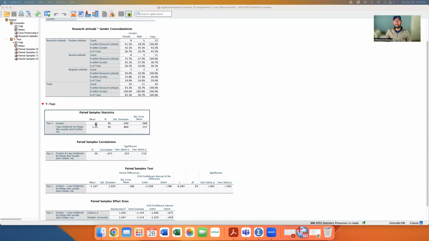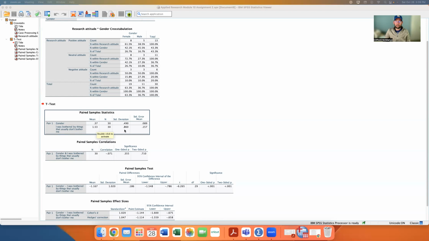So in this situation, it's not necessarily significant right here, but for the second variable, 1.53, remember it was the 4-point Likert scale. So there was an average response of 1.53.